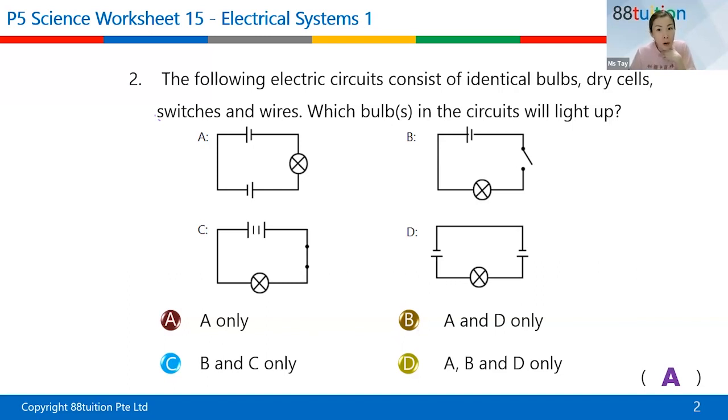Okay, if you recall. So if you put the negative terminal joined to the negative terminal of another battery, both batteries will cancel out. There's no current flowing. But if you add in one more battery, current can flow again, but using only one battery's power. Can you understand?